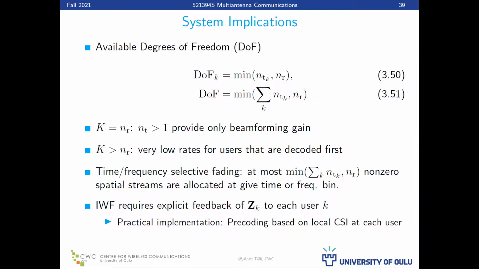So, not very practical, but you can actually get pretty good performance if you ignore the interference, because the base station can still do the MMSE receiver, right?